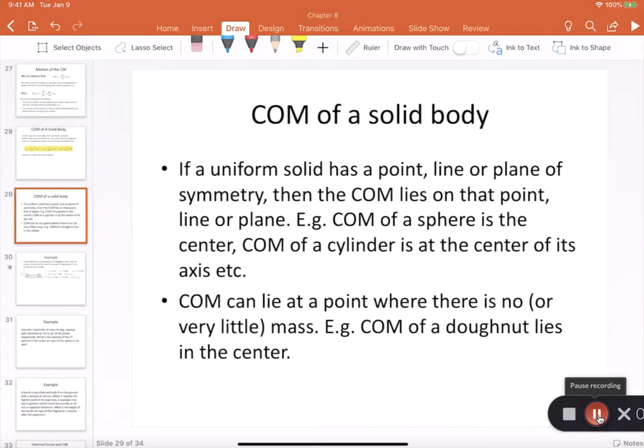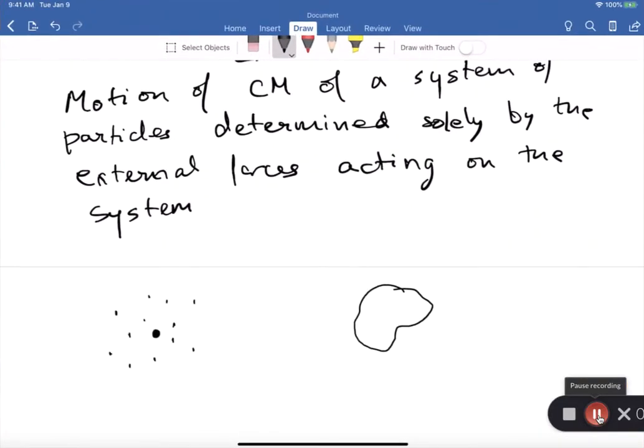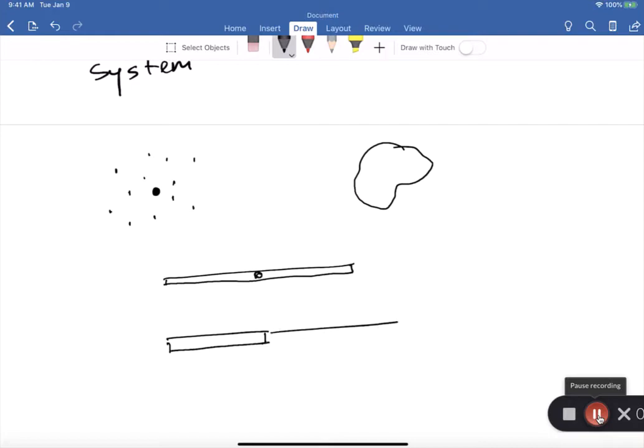Okay, what if you have a rod which is not symmetric? Let me just draw that over here. If you have a rod with uniform mass distribution, the center of mass will just lie at the center of the rod. But suppose you have a situation like this where this side of the rod is made of wood and this side of the rod is made of iron.